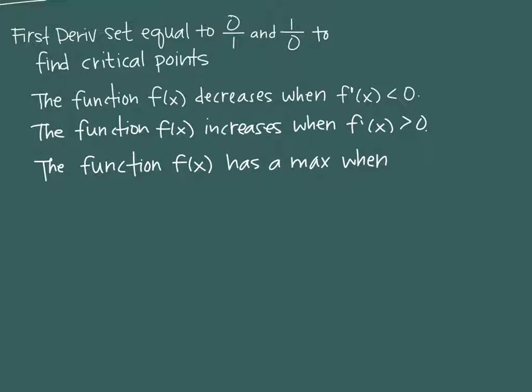It is when f prime changes from what to what? When would a function have a max? When the derivative is showing what kind of change? Positive to negative. That creates a max. Okay, when it's distinctly positive on one side and distinctly negative on the other.